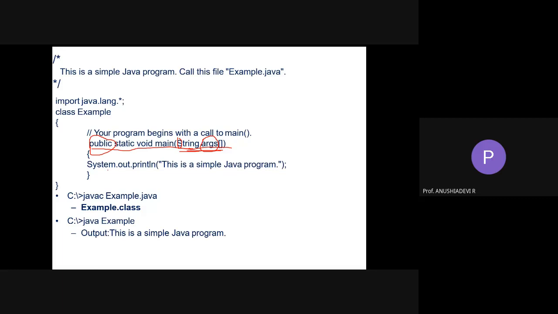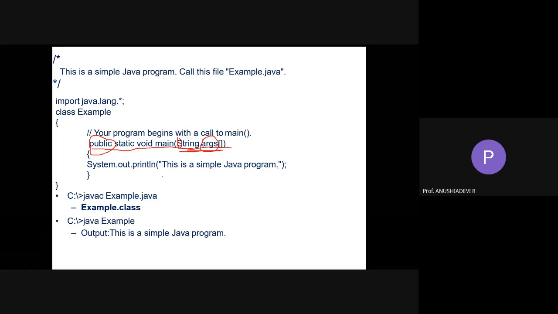And then in C++, how will you print a statement on the monitor? By using a cout statement. In C language, how do we print a statement on the monitor? Printf. Now here we have to use System.out.println. If you are using println, automatically after printing the statement, the cursor will come to the next line.